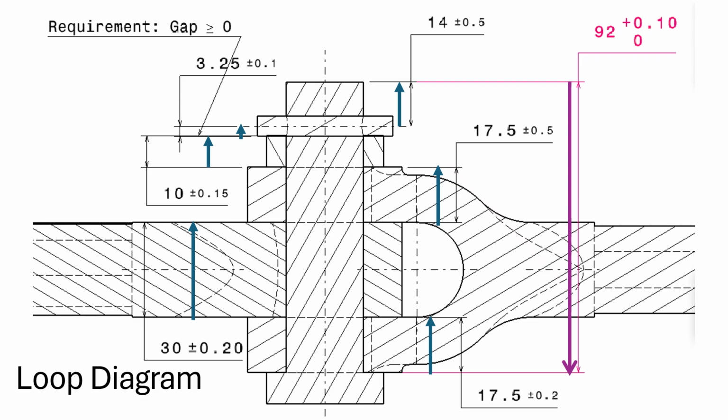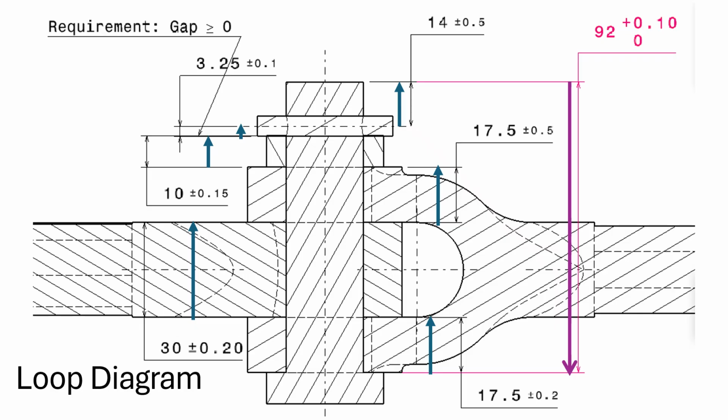Okay, I am going to do a tolerance stackup analysis now. In this, I am creating first the loop diagram with arrows. The blue arrows show the upward directions.